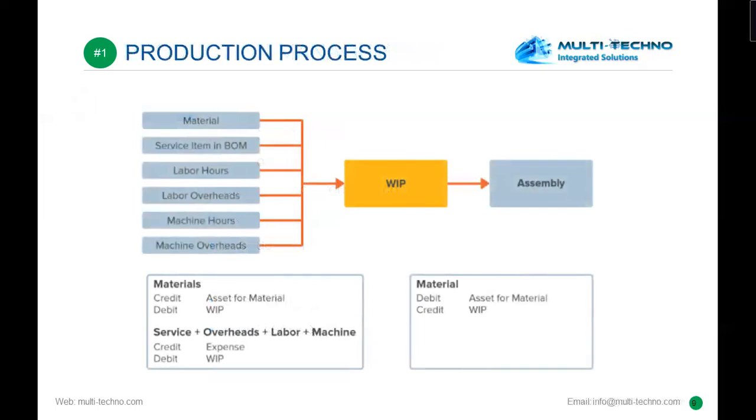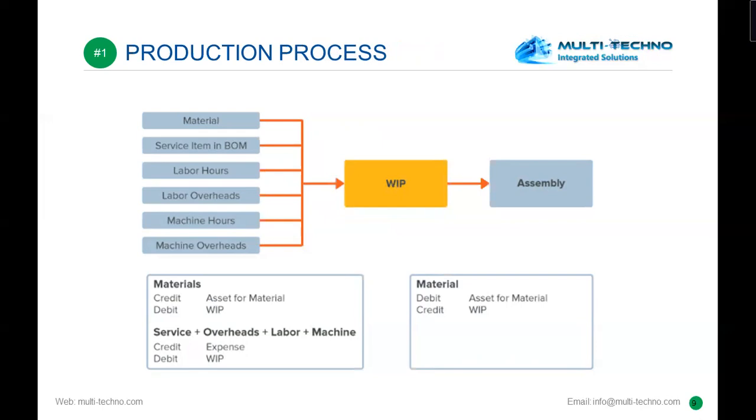The production process is in the backend. This screen shows how we calculate our finance activity in production. When we start production, material directly hits production because raw material is consumed, and WIP and routing work in process also hit.